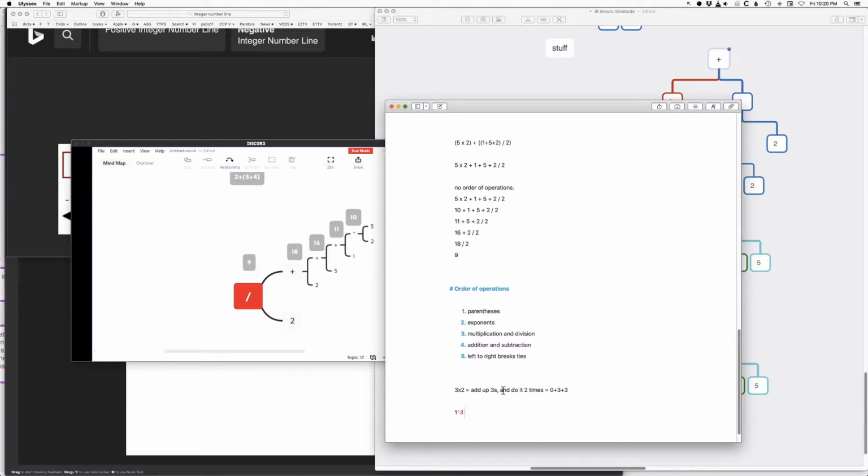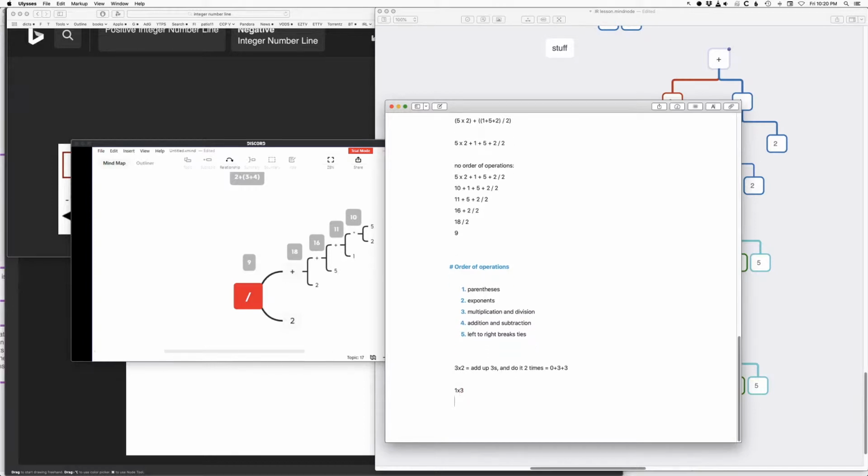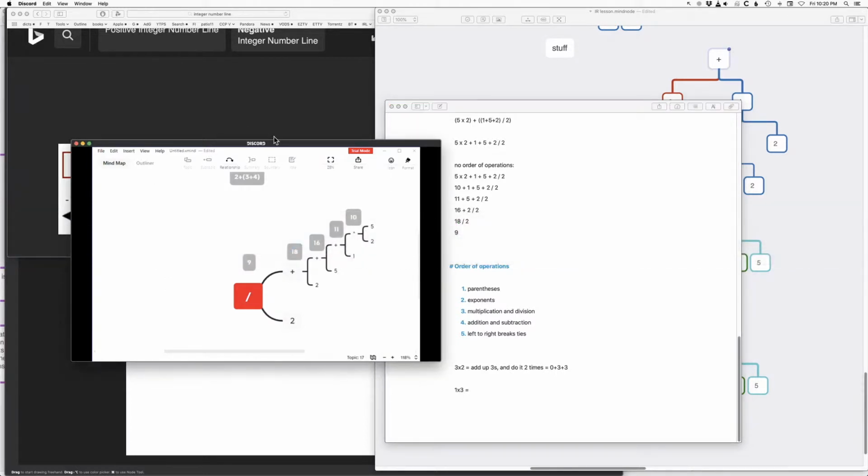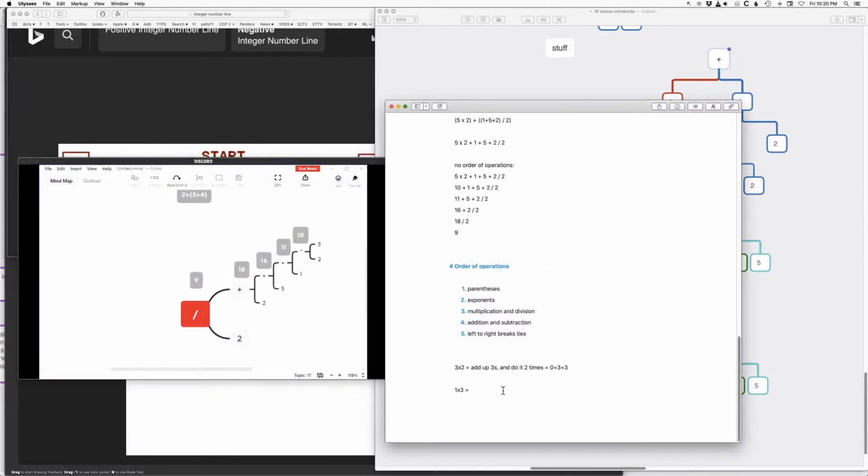Okay, so if we had 1 times 3, how would we write that as repeated addition? Okay, 1 times 3. We could do that as 3 1s. Wait, 3 1s, 1 3s. How does that become addition? Okay, 3 1s.